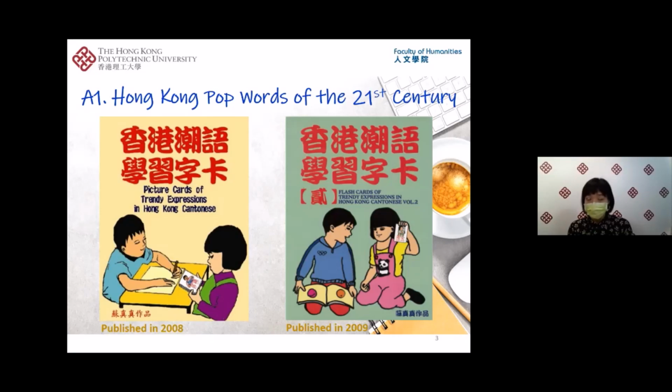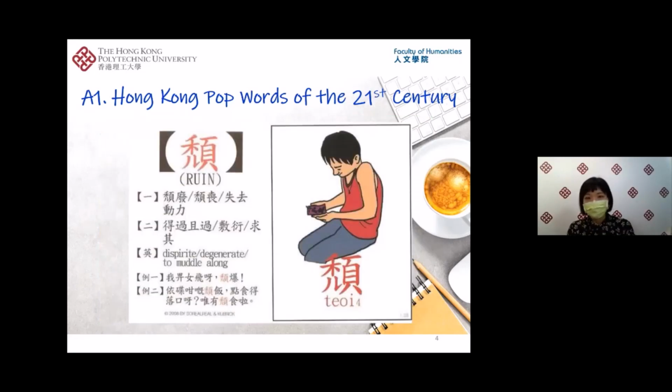Now, let's look at what's inside, and I'm going to show you some samples. This is one of the sample flashcards which you can find in the two boxes of flashcards. First of all, in the image on the right, you can see one fashionable expression in Cantonese or Chinese. And under that, you can also see its phonological transcription. So if you don't speak Cantonese, and of course I know that some of the participants don't, you can also read this word yourself.